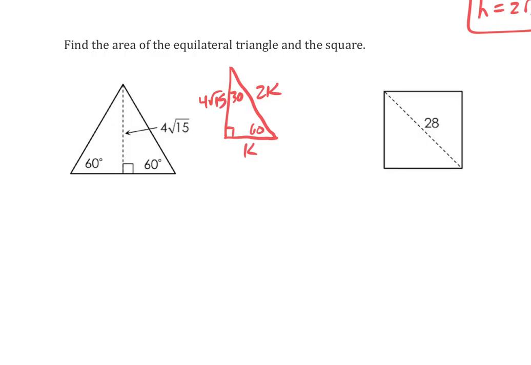Okay, 4 radical 15 is really my k radical 3 side, right? Here's my 60-degree angle. This is the side across from 60, so that's my k radical 3 side. So I'm going to do k radical 3 equals 4 radical 15. I'm going to divide by radical 3.